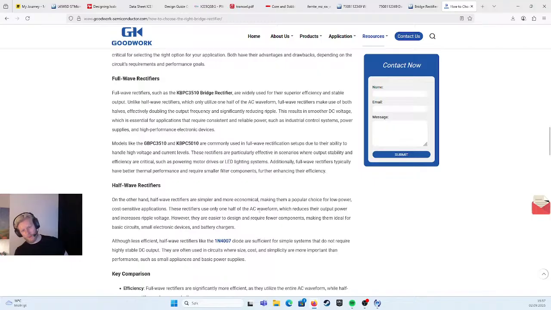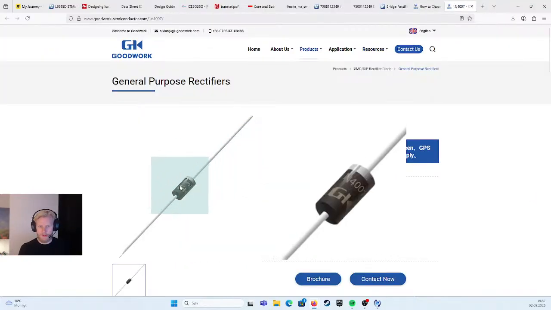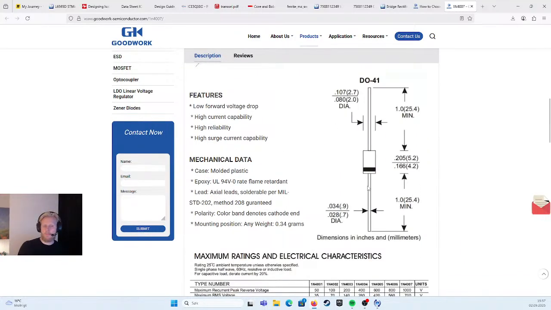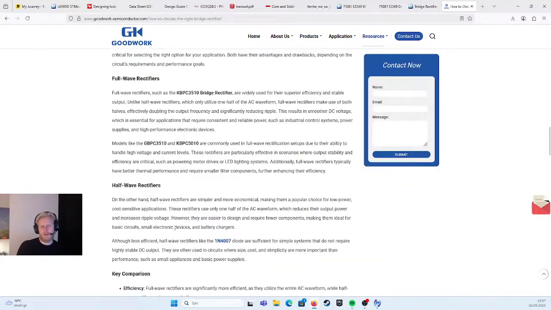These rectifiers use only half of the AC waveform, which reduces their output power and increases ripple voltage. However, they are easier to design and require fewer components, making them ideal for basic circuits, small electronic devices, and battery chargers. So for example, this one, which is just a diode, also converts this signal then to a DC signal.